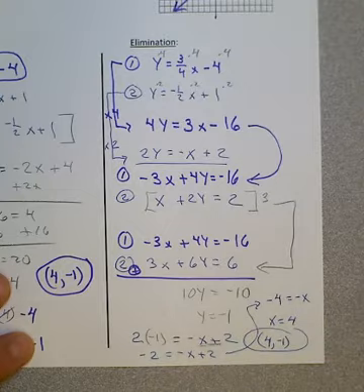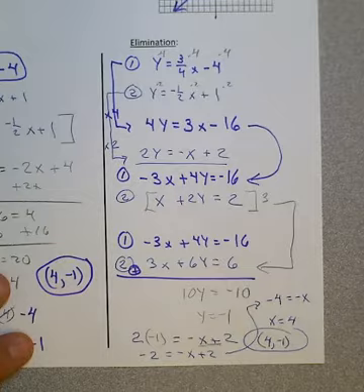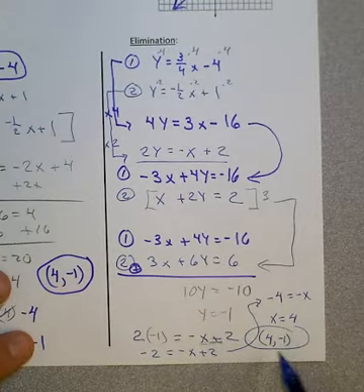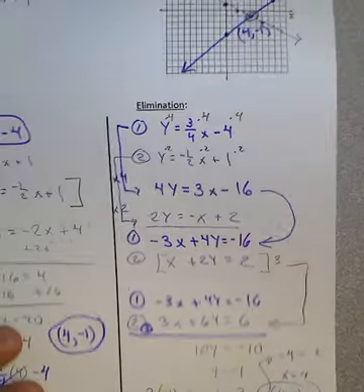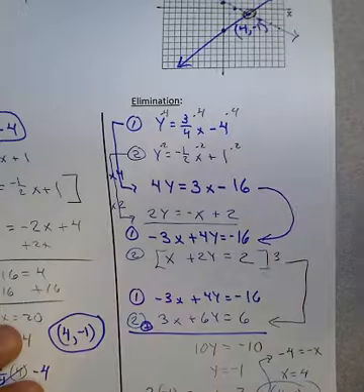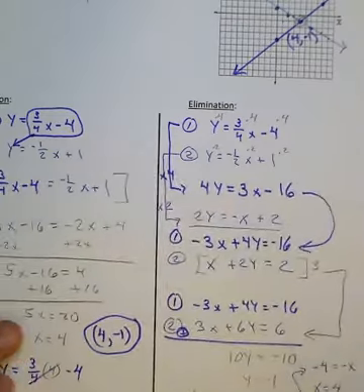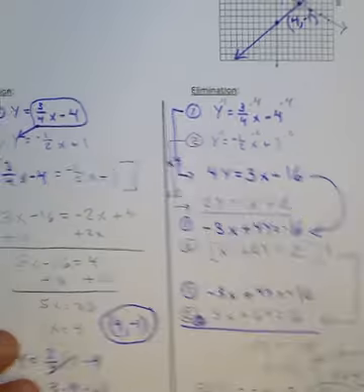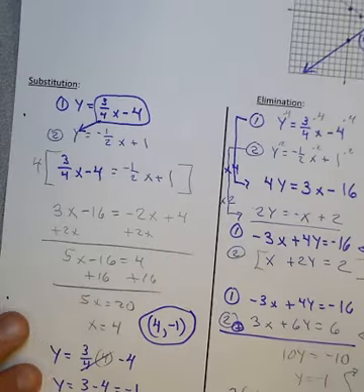Now in this problem we worked it 3 different ways, so I would not expect you to check it. 4 negative 1, 4 negative 1, 4 negative 1. We assume that we did a good job on this. But if I only had you solve this one way, then it's important for you to understand that you should check your work.